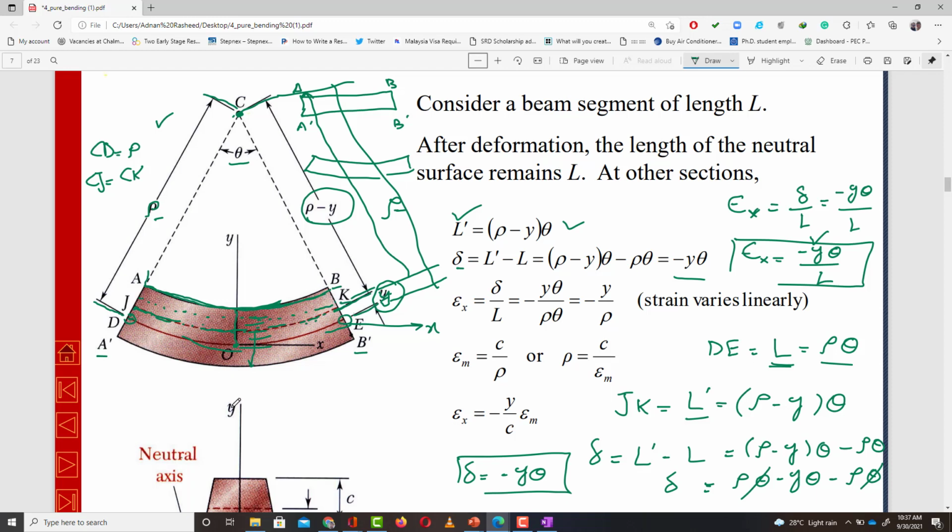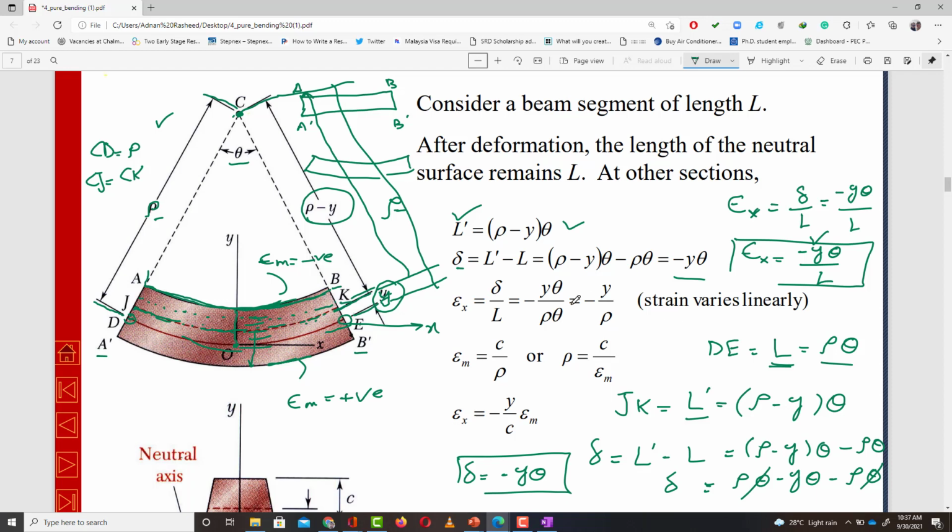So the maximum strain will be here and here. I will write epsilon m. Epsilon m will be maximum, but here the value will be negative, and here the value will be positive. Clear? And again, if you put y below the neutral axis, the value of y will be negative, so negative will be positive. So the strain below the neutral axis will be positive, meaning the lower portion is in tension.